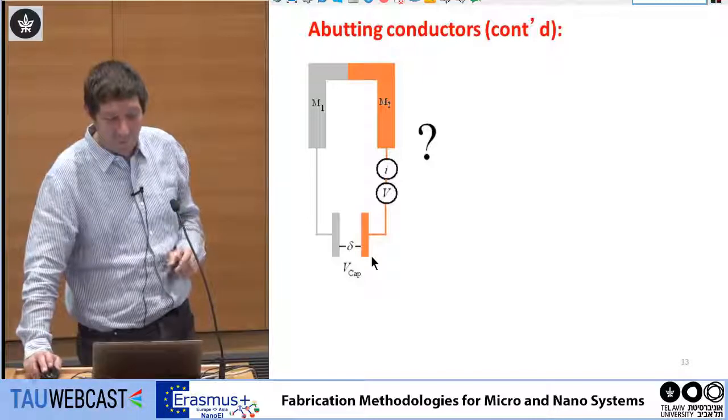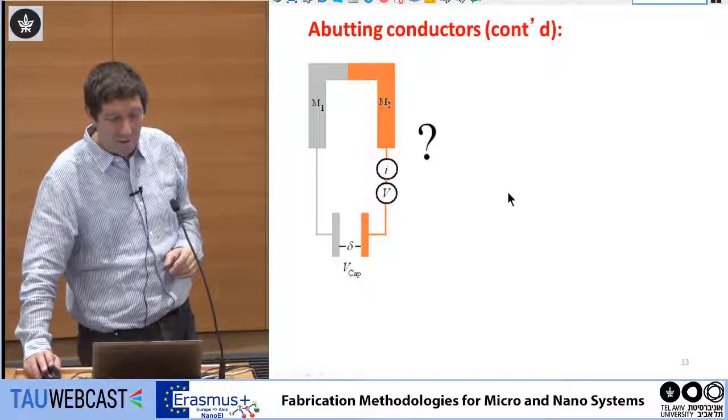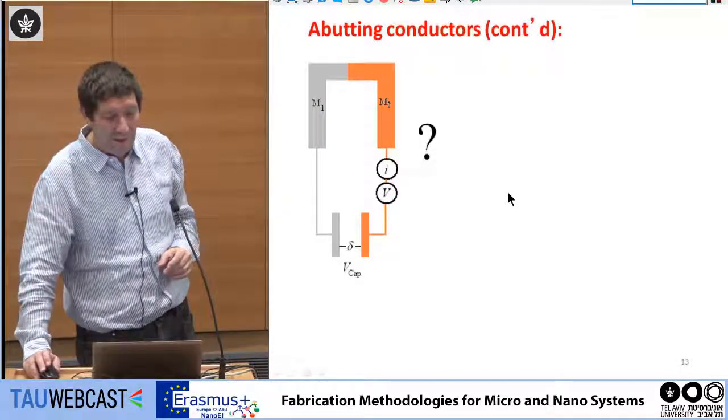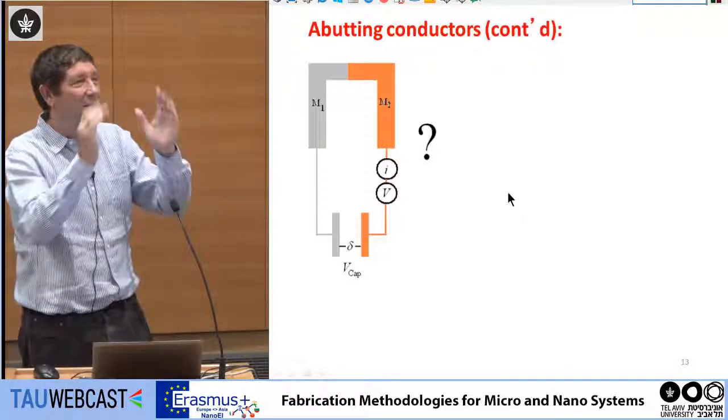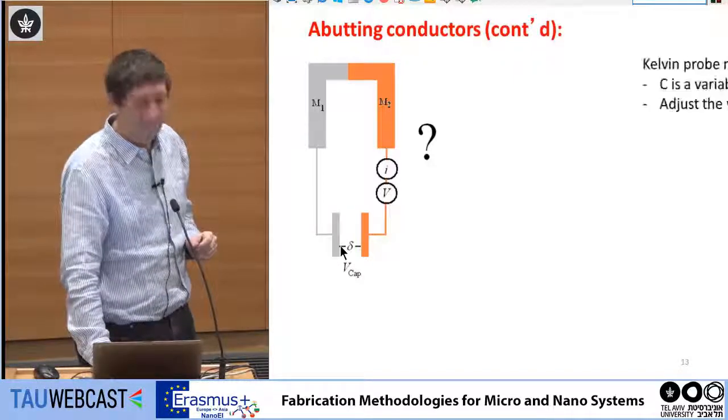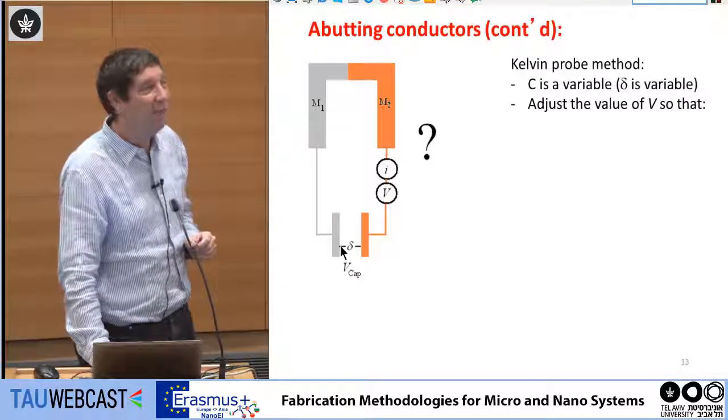But what happens if I take our voltmeter and put here two electrodes which are the same as this one, and connect it this way, and I take this distance delta and I vibrate it? Have you seen this trick before? It's called the Kelvin probe.